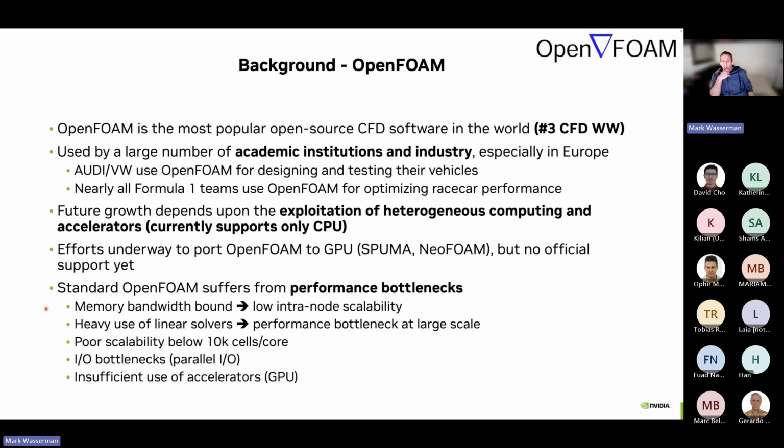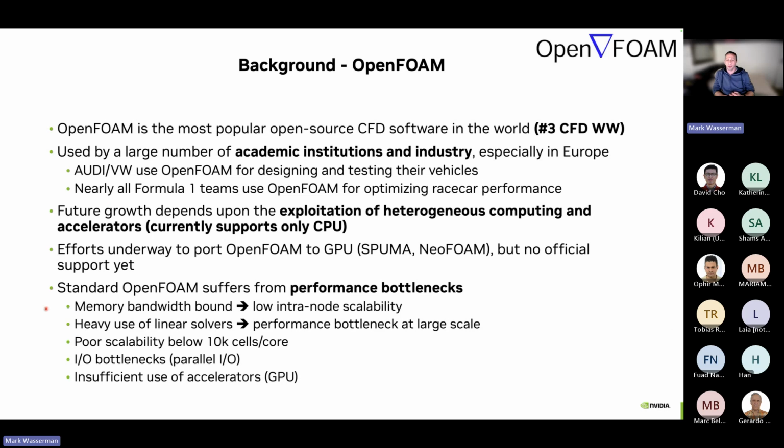What does OpenFOAM suffer from in terms of performance? So first of all, like a lot of CFD solvers, OpenFOAM is memory bandwidth bound. For various reasons that I will not go into right now, it has very low computational intensity, meaning that the number of flops, the number of computational operations that you need to do for every byte of data that you fetch from memory, is quite small.